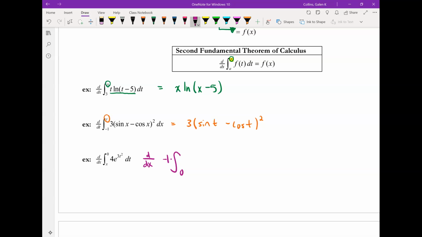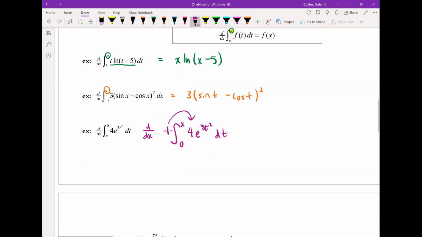my integral. Now 0 is on bottom, x is on top, and then I've got 4e to the 3t squared dt. And that -1, we can leave it on the outside of the derivative, or using kind of the inverted constant multiple rule, we could put it on the inside.